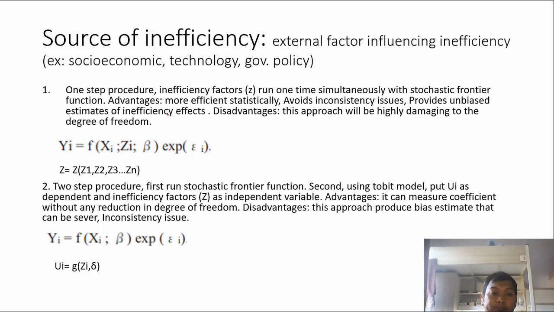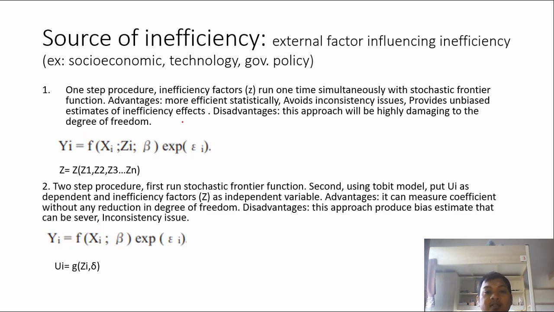There are two methods to identify the source of inefficiency. The first is the one-step procedure. Inefficiency factors are run one time simultaneously with the stochastic frontier function. The advantage is it is more efficient, avoids inconsistency, and provides an unbiased estimate of the inefficiency effect.